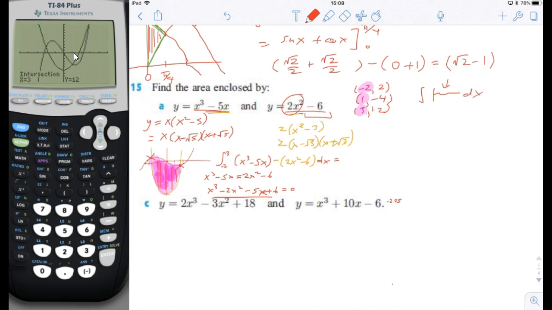But I want the absolute value of the difference, and I'm going to integrate it from -2 to 3, which are the outermost limits. But then I'm going to break it up into two different sections. And the first section is going to be the red minus orange, but the limits are going to be from -2 to 1.